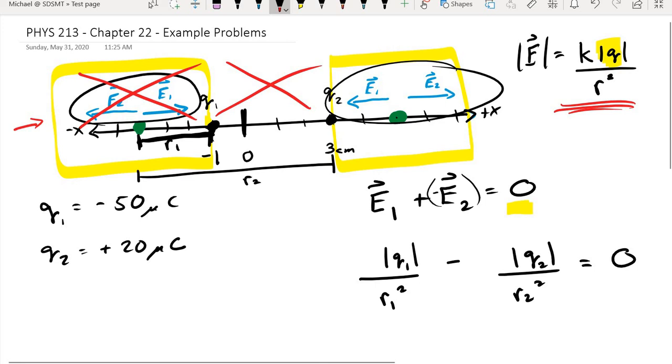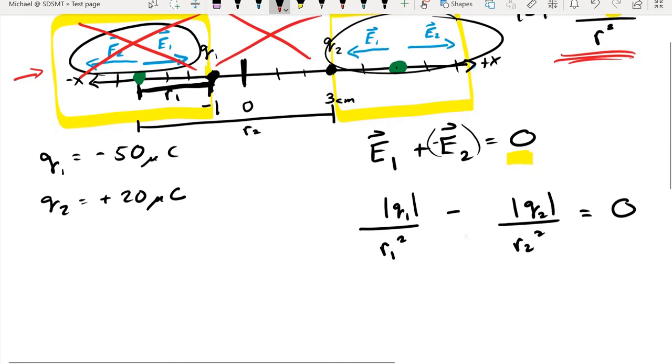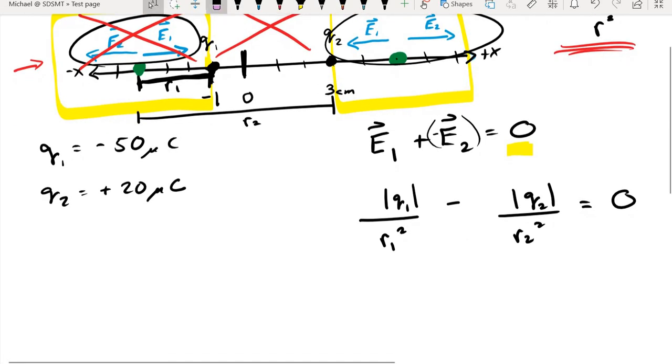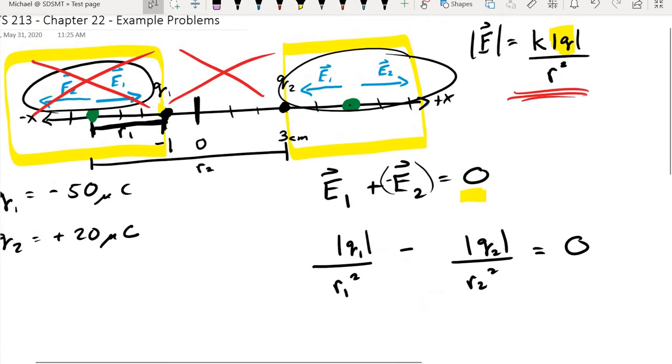So now let's consider everything to the right of charge 2. And we'll go back to this ratio combination here. We'll see what happens.